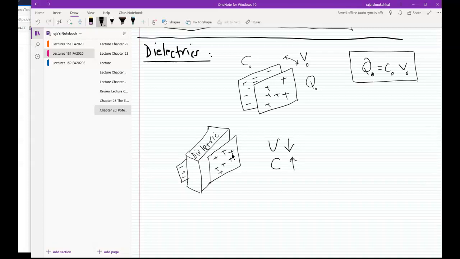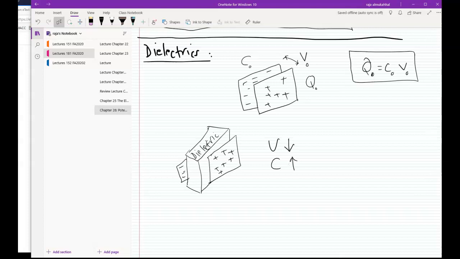Say I have 12 volts across here. This is going to drop depending on the dielectric material. Let's say it becomes 6 volt or 5 volt or 11 volt, whatever, but it's going to drop in value. The capacitance, however, if I'm starting with say 1 microfarad, is now 2 microfarad or 8 microfarad. It actually increased.